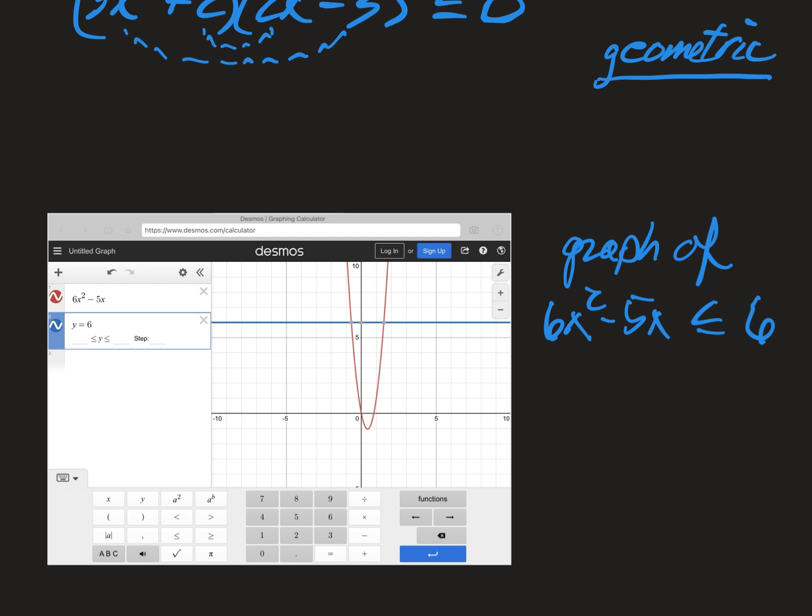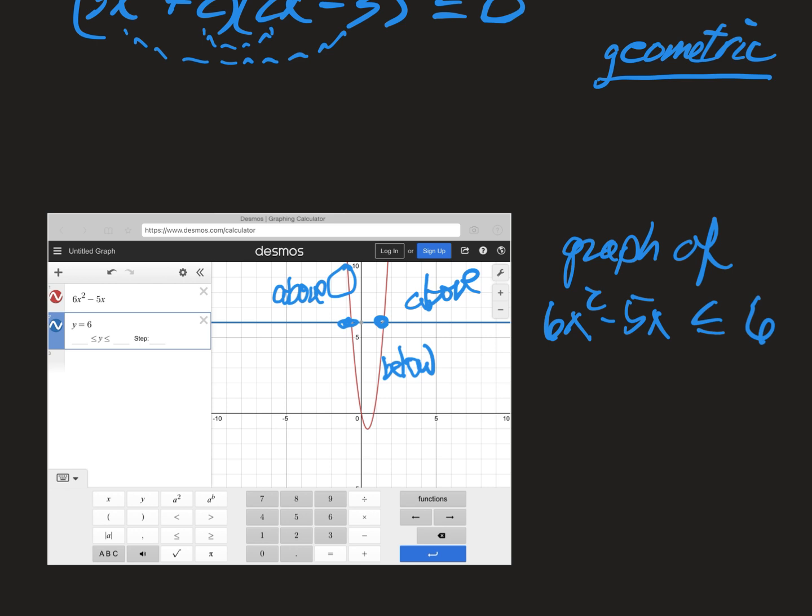What we notice is that these two graphs intersect at these points. And if you'll notice, the parabola is above here. It's below the line in between those 2 points, and then it's above to the right of the other point.